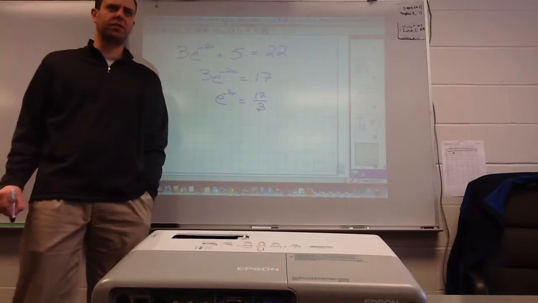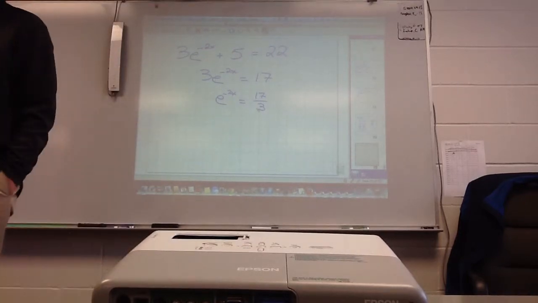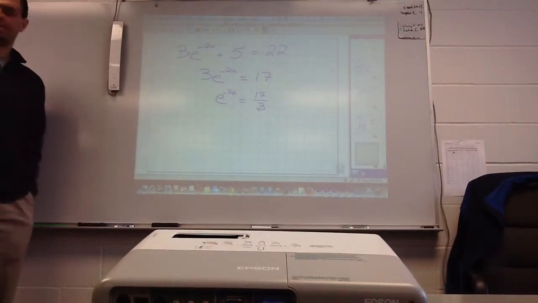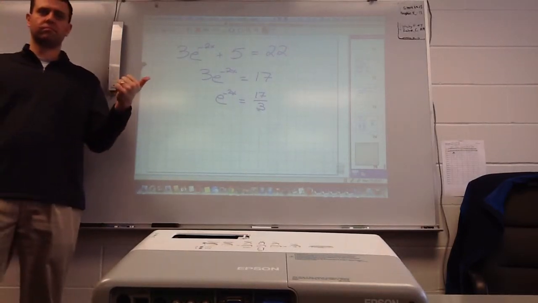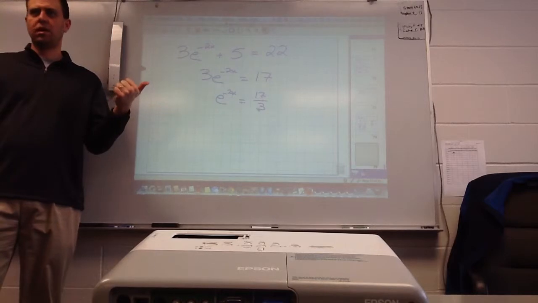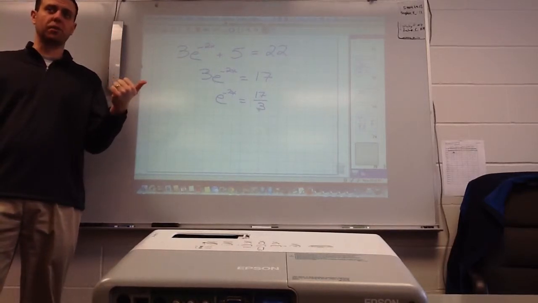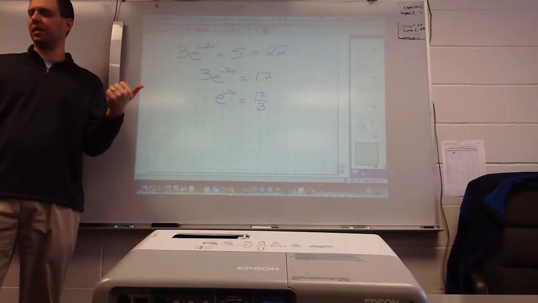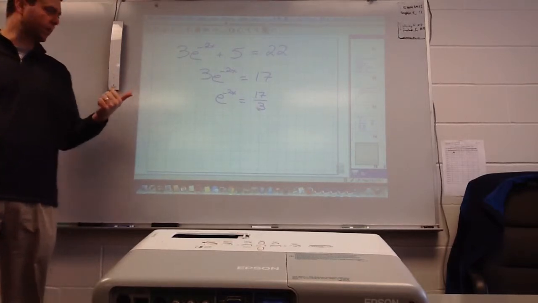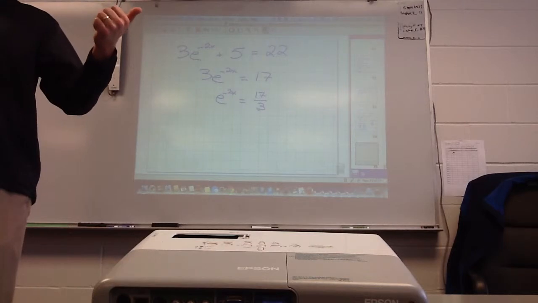I'm just going to leave it 17 thirds because I don't want to type in a bunch of 6s. Okay. Now you got one of two options. You can change forms, and when you change forms, you will end up using what? Log or natural log? Natural log because your base is e. So when you change forms, you'll use ln.